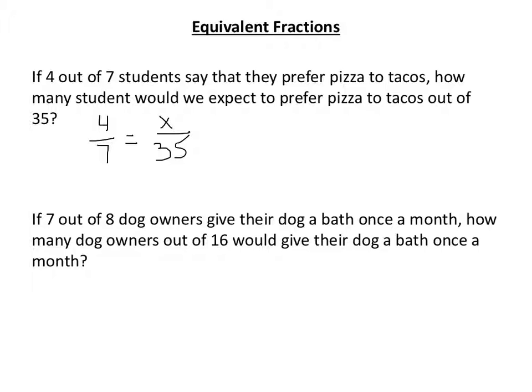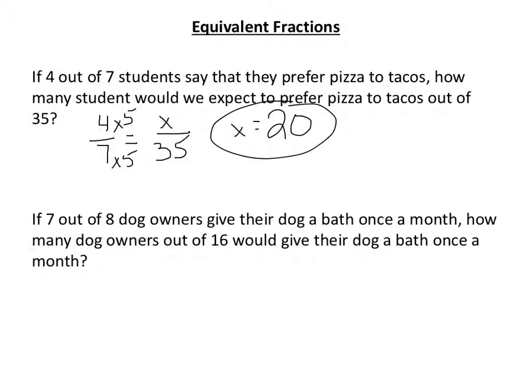So here when it said out of 7 and out of 35, I kept it consistent that both of those numbers are on the bottom, and the other number went on top. Now we want to go ahead and solve this. Well, if you're using equivalent fractions, I know that 7 times 5 is 35. So to keep it as an equivalent fraction, I can do 4 times 5, and I know that x is equal to 20. So 20 people out of 35 would prefer pizza to tacos.